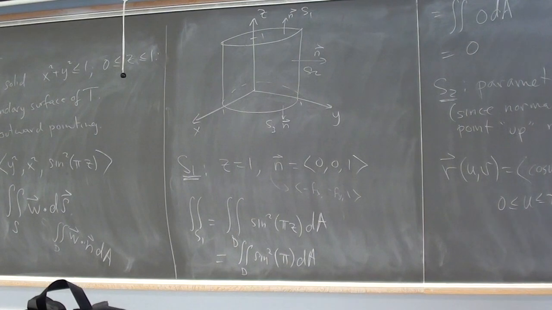And so you cross it, right? Generally, find the partials and then the cross product. So r sub u is minus sine u, cosine u, 0, and r sub v is 0, 0, 1, and so on for the normal.